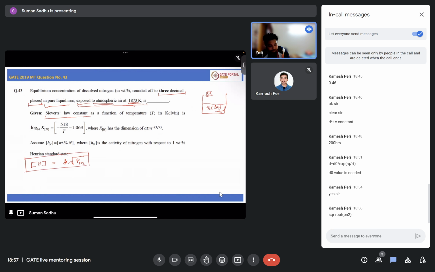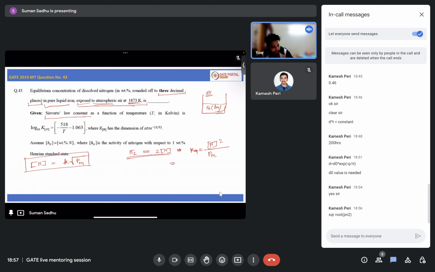Now how does this law arise? You have nitrogen in your air, and it is dissolving in your liquid iron in this form. Now if you write the equilibrium constant for this reaction, you will get K equilibrium equal to N whole square divided by partial pressure of N2.